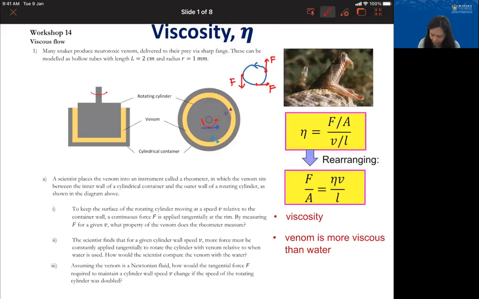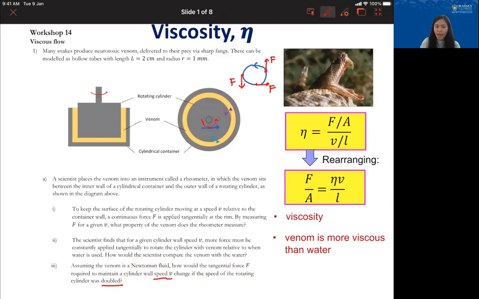Yeah. Okay. And so the next question: assuming venom is a Newtonian fluid, meaning the viscosity does not change as the rheometer rotates, as you apply stress the viscosity remains the same, how would the force change if you wanted to double the speed? So if the speed was doubled, how should the force change?